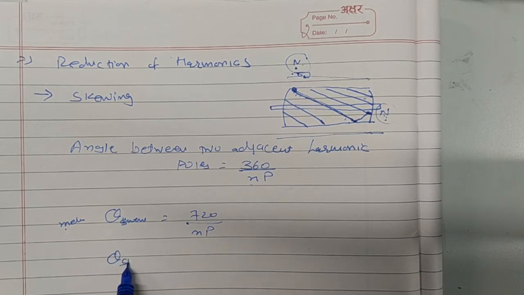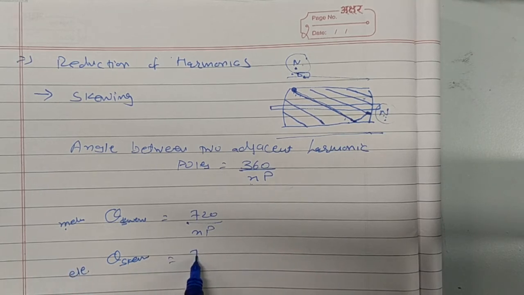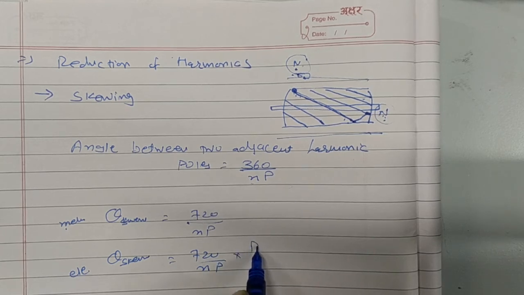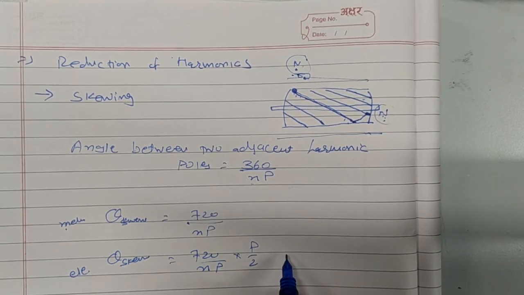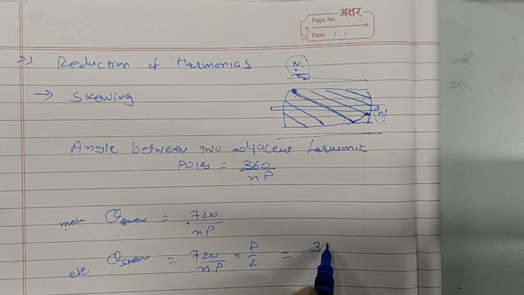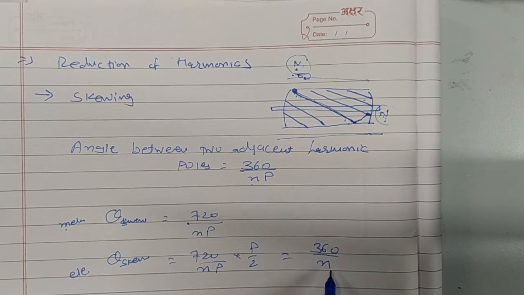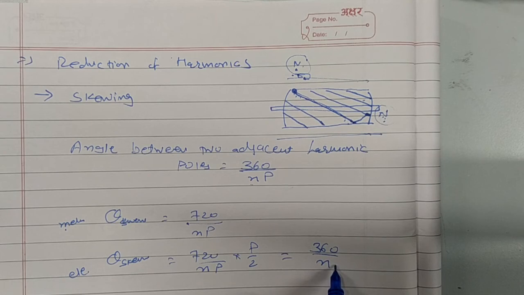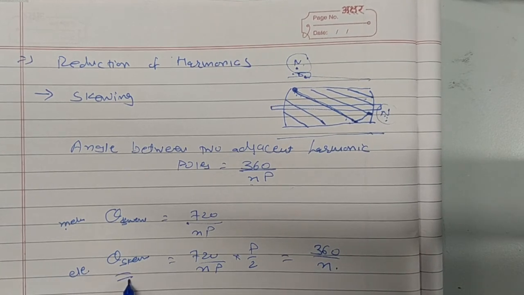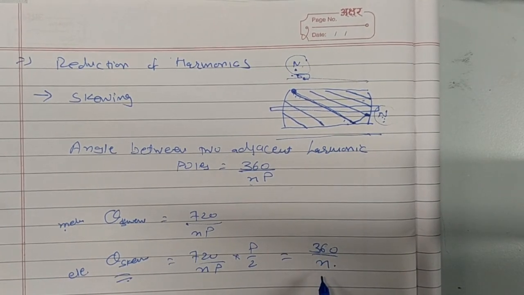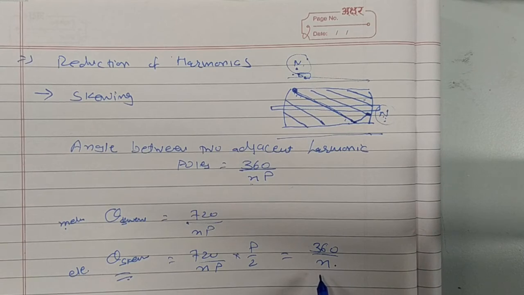So theta skewing, the electrical angle, is 720 by NP times P by 2, which is simply 360 by N. For reduction of the nth harmonic, the electrical skewing angle is 360 by N.